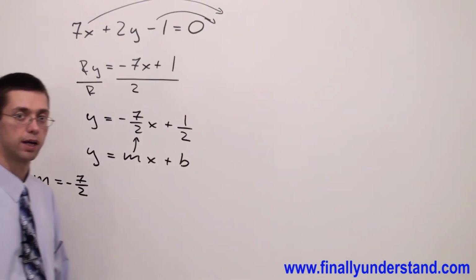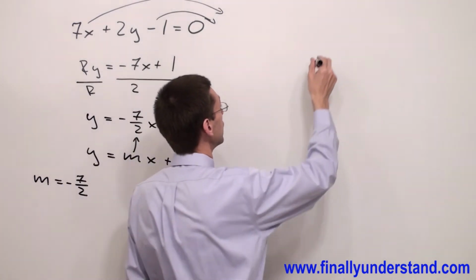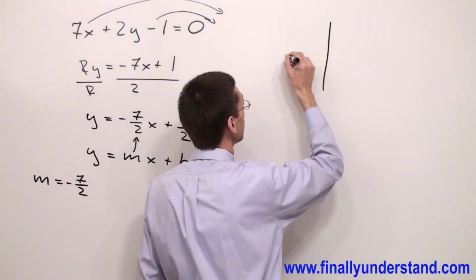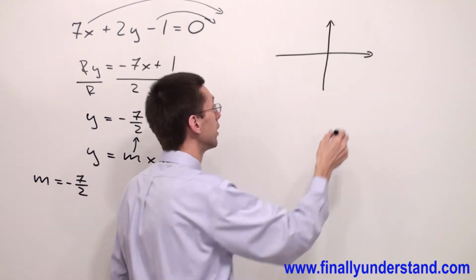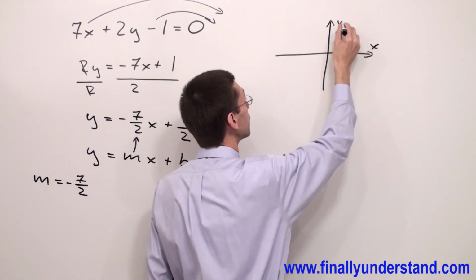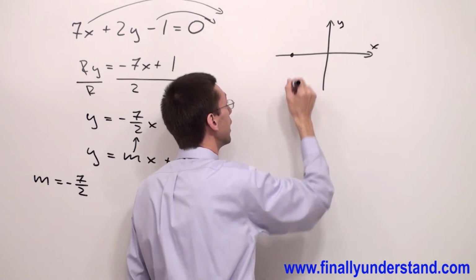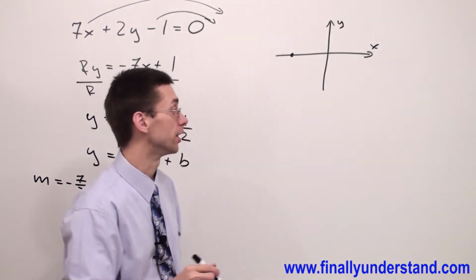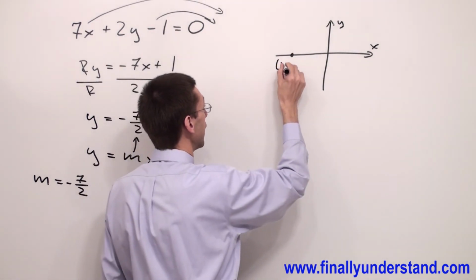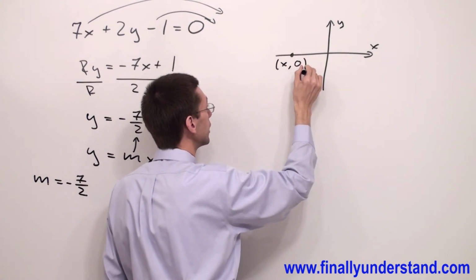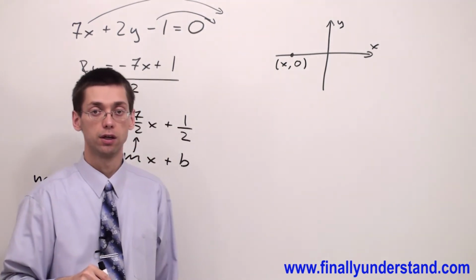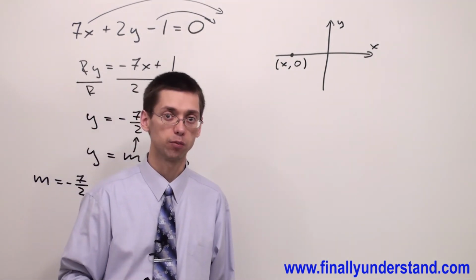Let me remind you that anytime we talk about the x-intercept, we talk about the point which is placed on the x-axis and has coordinates x and y, where y is always equal to 0, and x can be any real number.